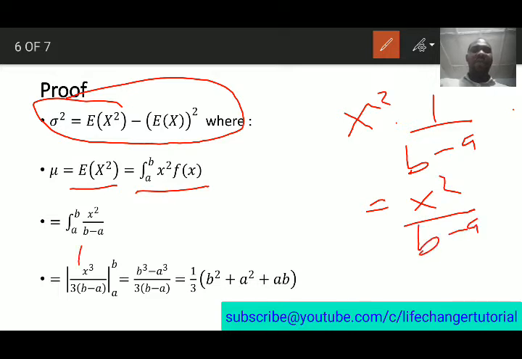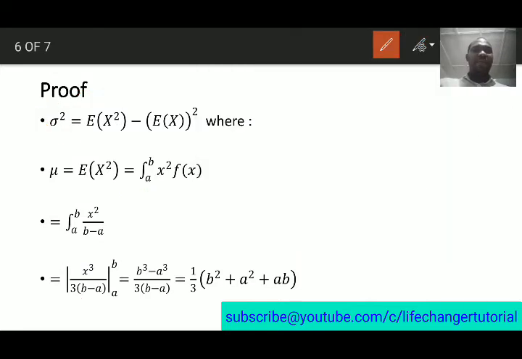When you integrate x squared, you get x cubed over 3, just add 1 to the power. When you substitute b and a, you get b cubed minus a cubed.